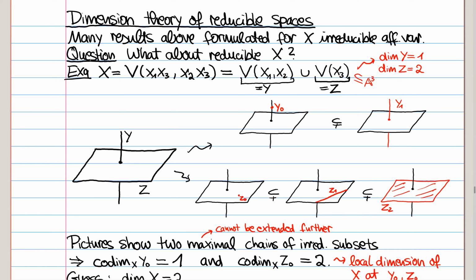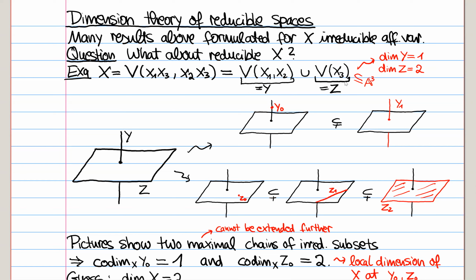And while staring at this ideal a bit, you can see it's the product of the ideal generated by X3 with the ideal generated by X1 and X2. And so this tells you by the rules of how the vanishing sets behave that X is actually the union of this vanishing locus and this vanishing locus.